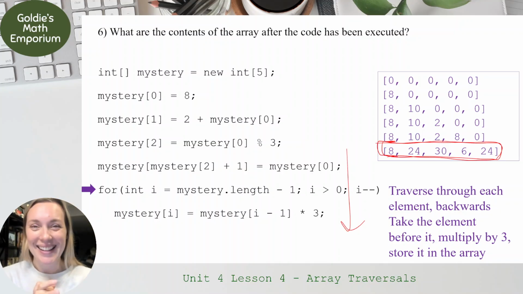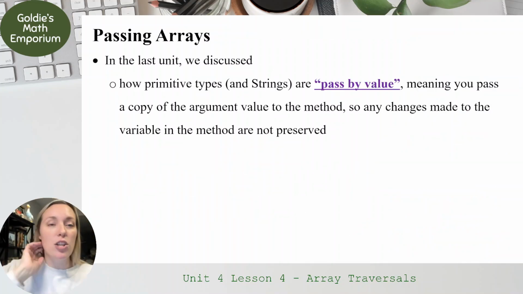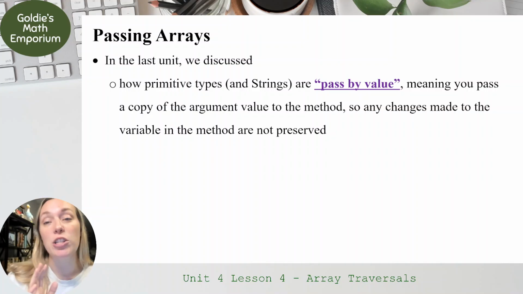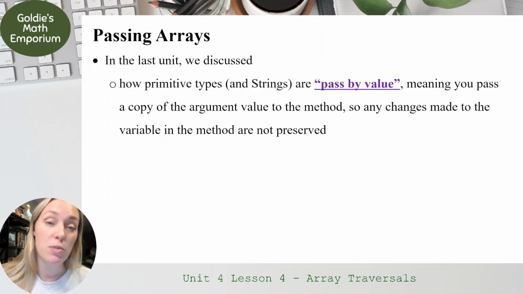Now let's talk about passing arrays. In the last unit, we discussed how primitive types, including strings, are passed by value, meaning you pass a copy of the argument value to the method.